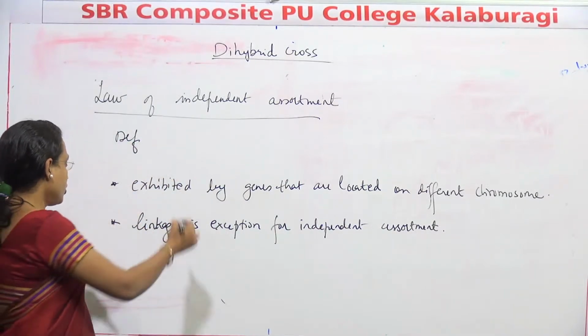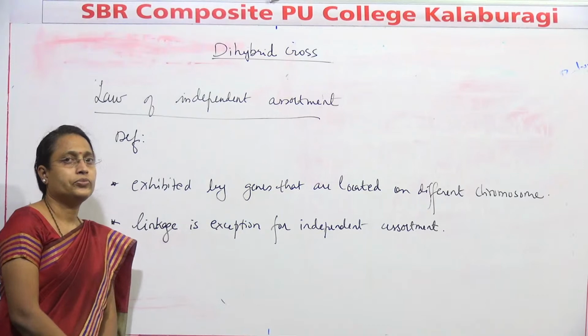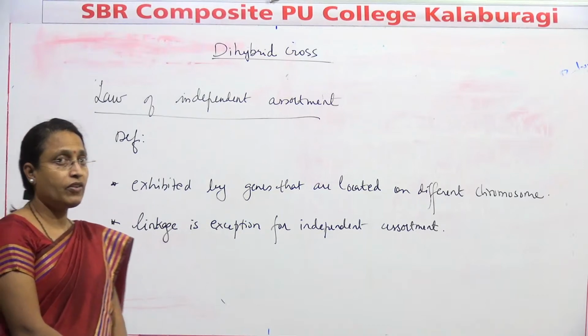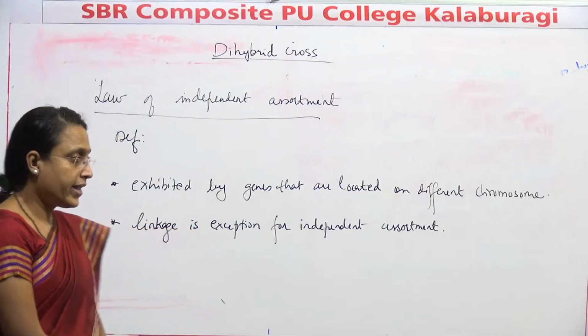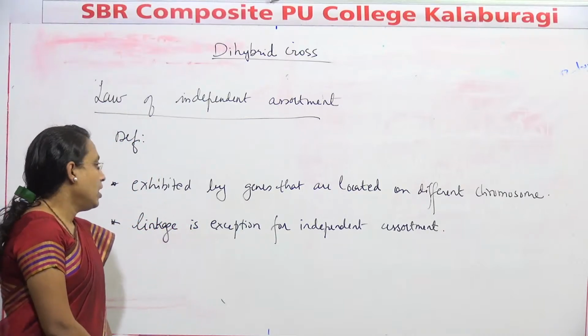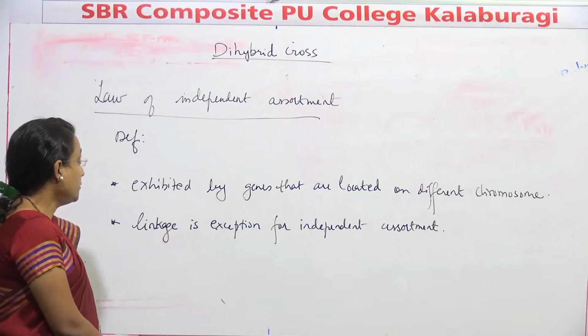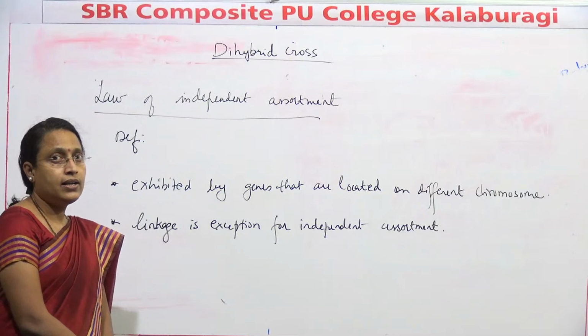And of course, the definition, as I told: segregation of one pair is independent of segregation of the other pair in a dihybrid during formation of gametes. So this was about independent assortment.